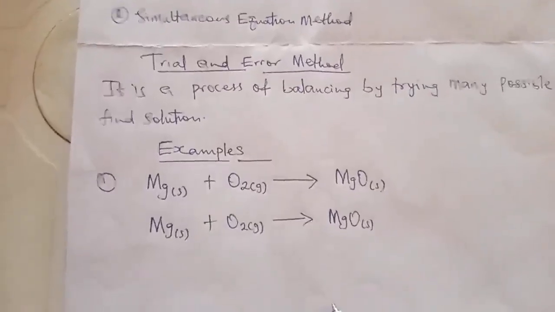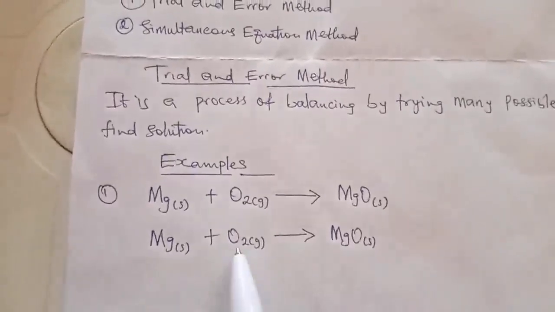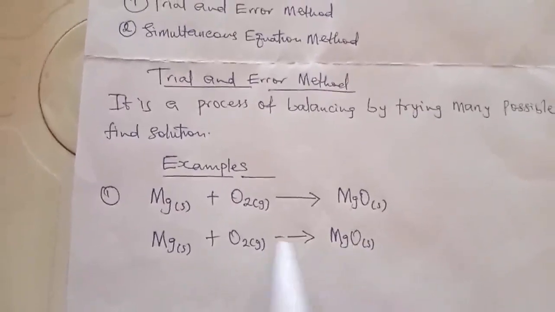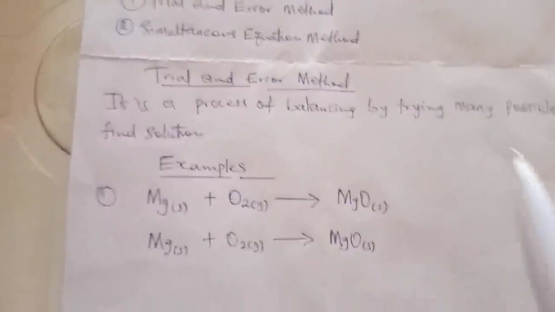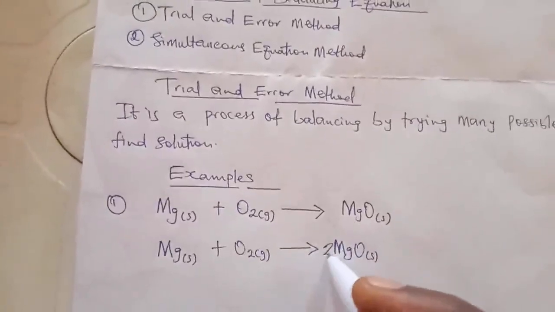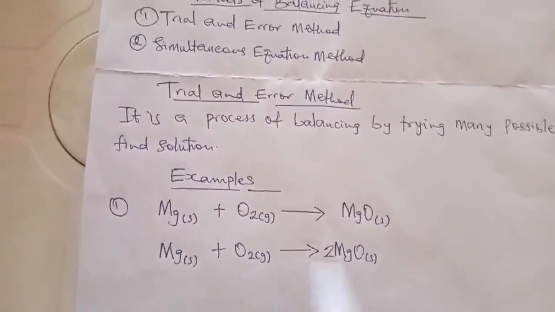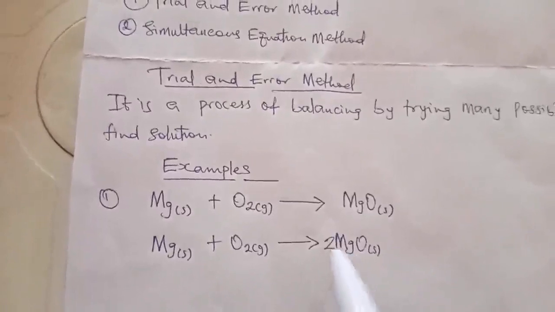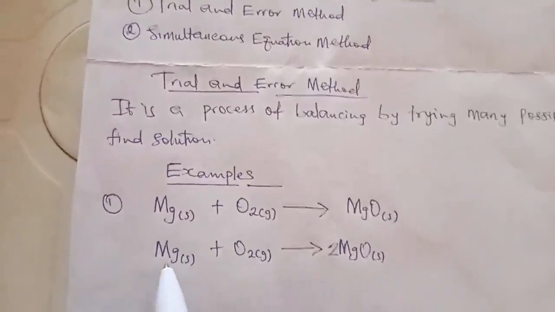Looking at this example now, since we have two oxygen atoms here and one oxygen atom here, if I want to balance this by trial and error method, I put a 2 here, in order to ensure that you have two oxygen atoms here. That means oxygen is now balanced. But remember, in doing that, the magnesium is now two here, and we have one magnesium here.